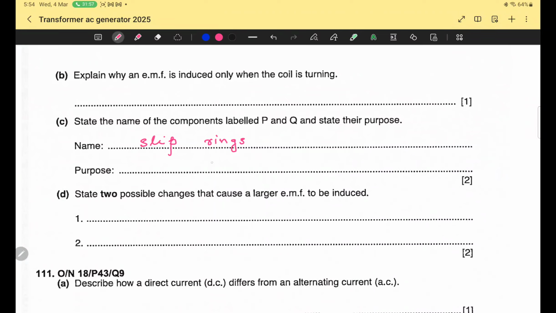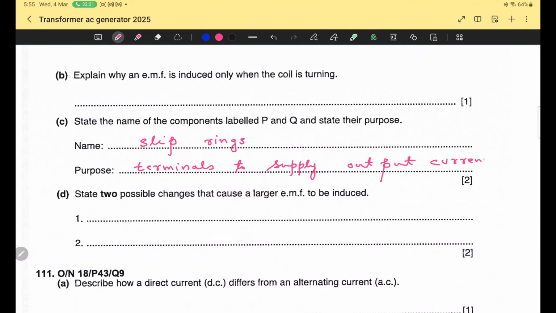And what is their purpose? The purpose is that these are terminals to supply output current.